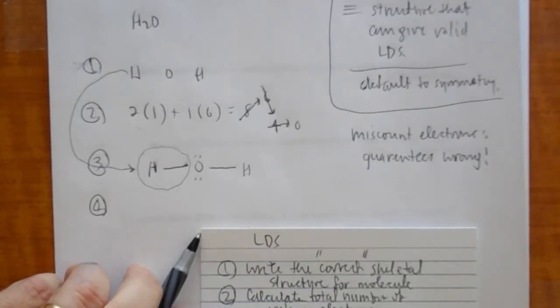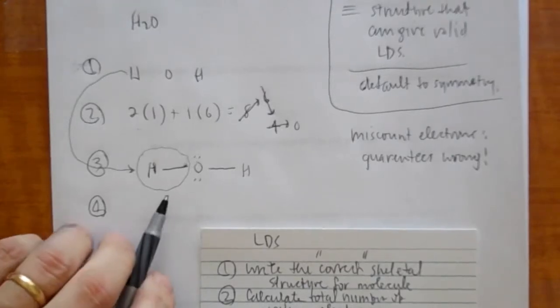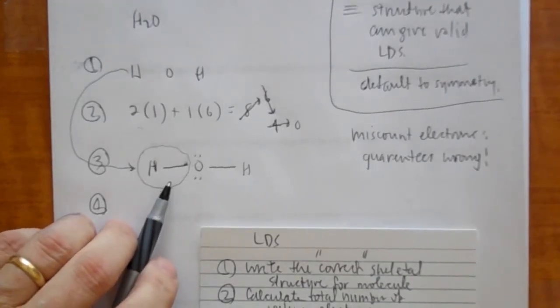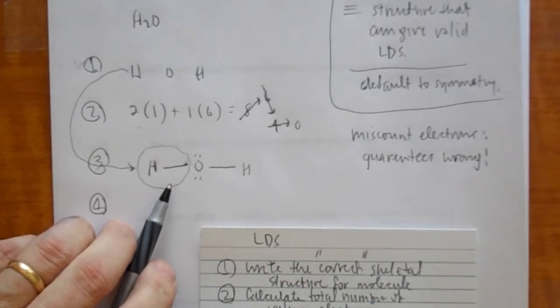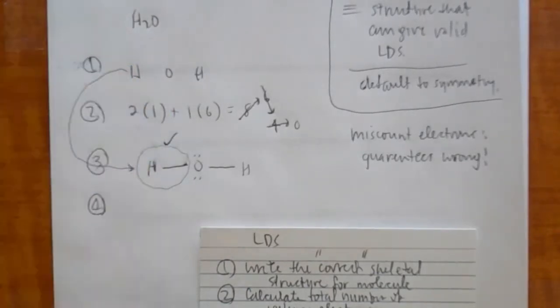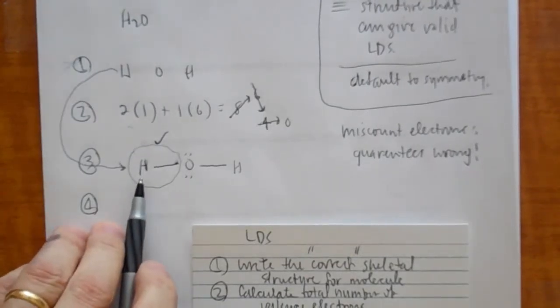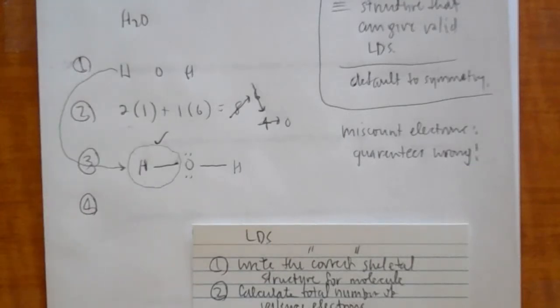However, hydrogen has only a capacity for 2 electrons in its outer shell. So the rule should really be, is the outer shell filled? Usually the outer shell has a capacity for 8 in the atoms we're concerned about, but here it has a capacity for 2, and it is satisfied. So I would say the octet rule is satisfied there, even though hydrogen is really an octet exception, it definitely has its outer shell filled.